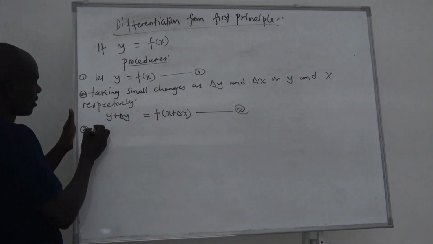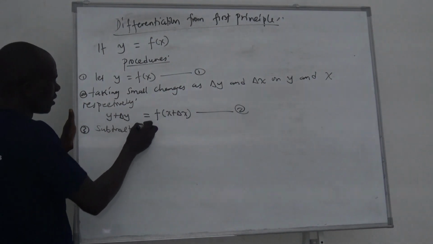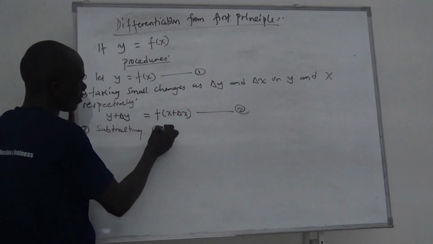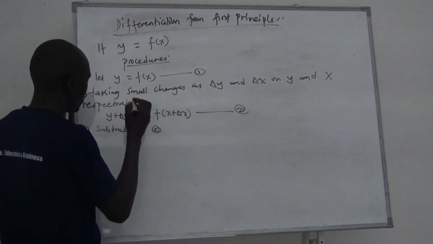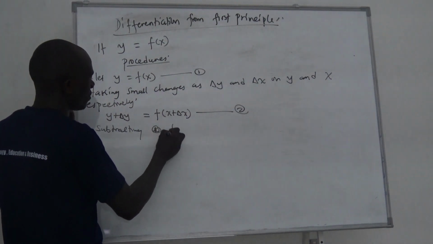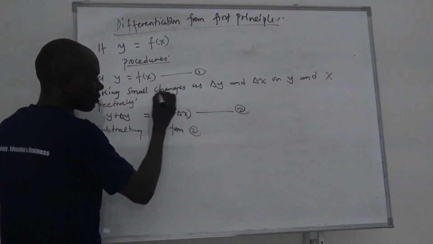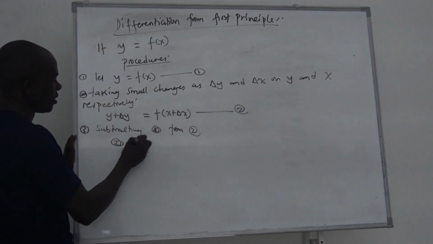Then you say, subtracting equation 1 from equation 2. That means we are talking about equation 2 minus equation 1.